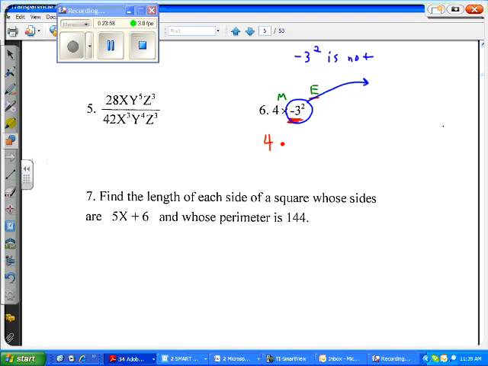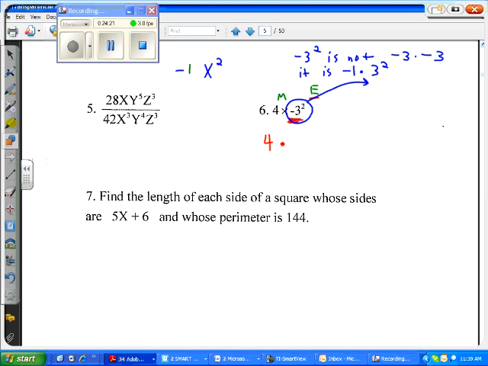And we said that negative 3 squared is not negative 3 times itself. It is negative 1 understood times 3 squared. And we talked about that being the case because we said negative x squared.